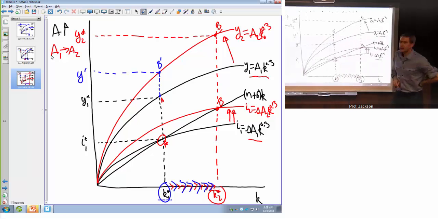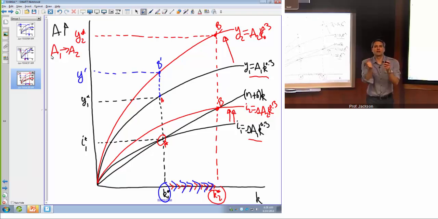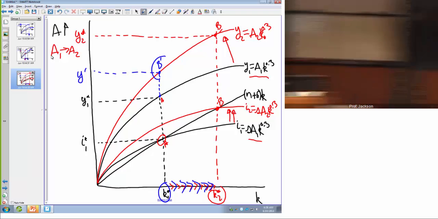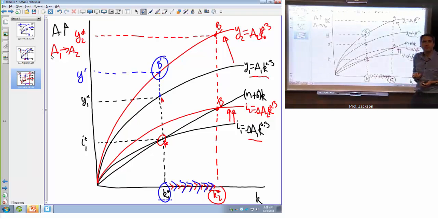And so what that means is that when we have this initial increase in total factor productivity for an existing capital stock, the amount of output is going to go up. If we're holding capital constant at that immediate point in time and we simply adopt a more efficient production technique or new technology, that's going to allow us to produce more output with our existing inputs. And so you get an immediate increase in output per worker, which puts us at this point Y prime.